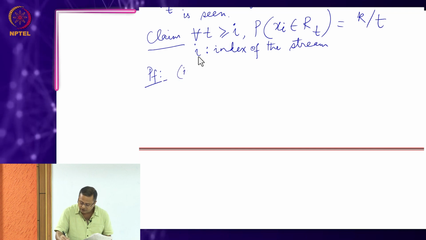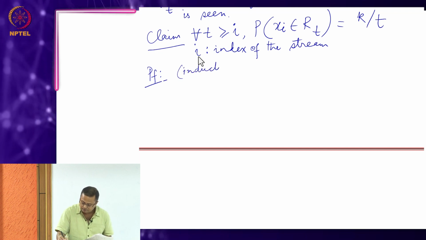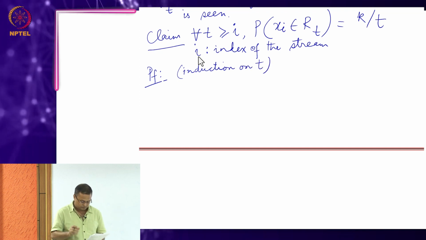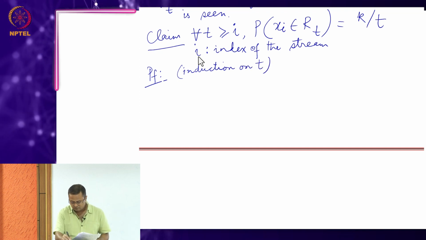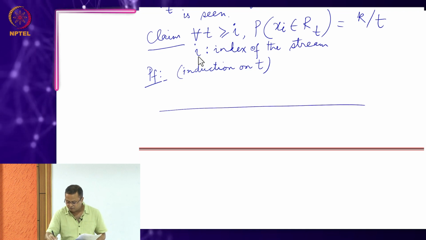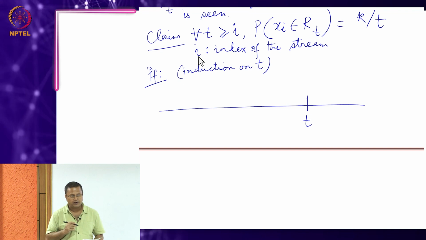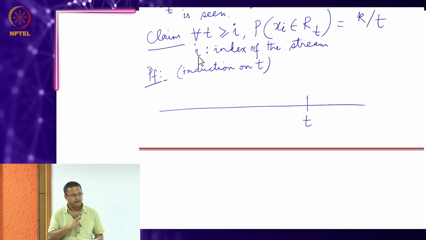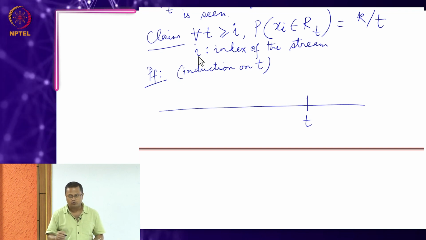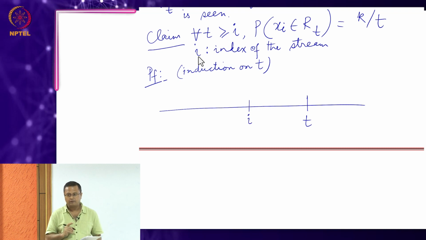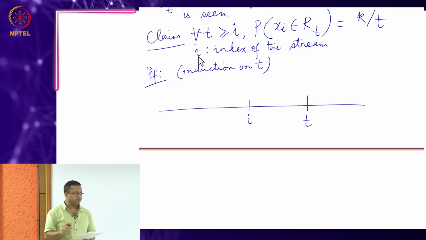So, the proof is an induction on t. How do I view time? So, t and i are the indices that maintain the condition of the loop. So, i runs from somewhere up to t.